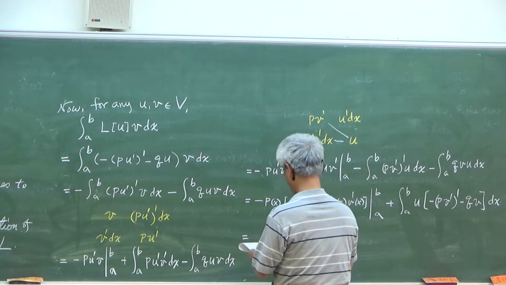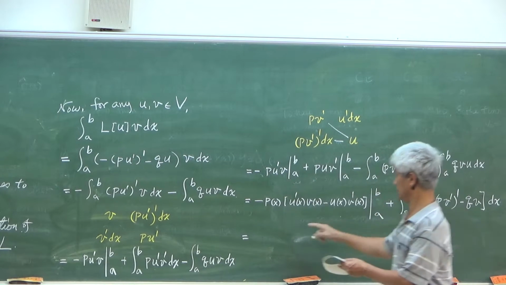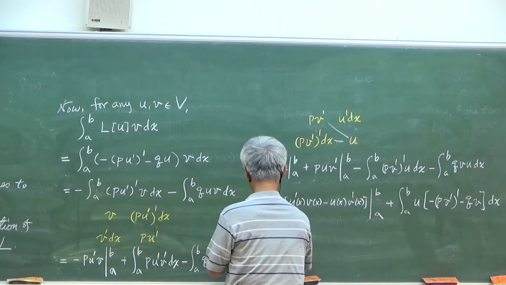Alright. So now we substitute. For here we have minus PB.